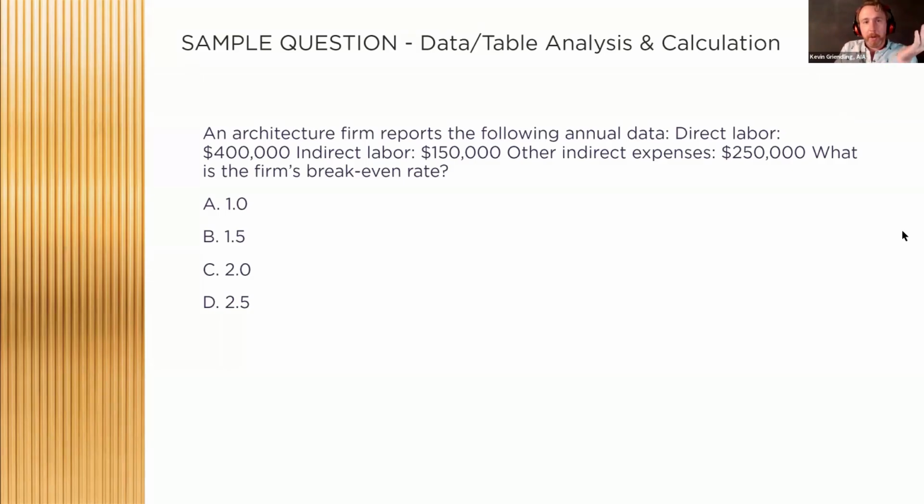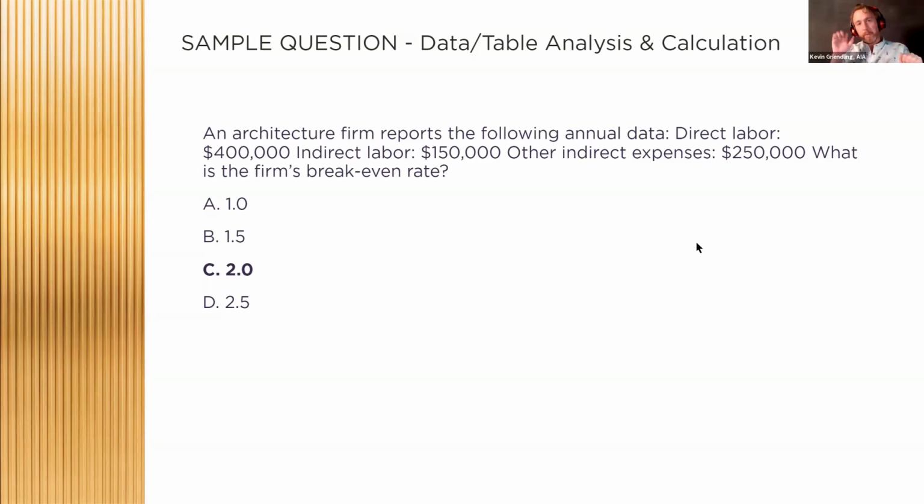An architecture firm reports the following annual data: direct labor 400,000, indirect labor 150,000, all their indirect expenses $250,000. What is the firm's break-even rate? The firm's break-even rate is essentially 2.0, because it's the indirect expenses plus your indirect labor, so anything that's indirect, divided by your direct labor.